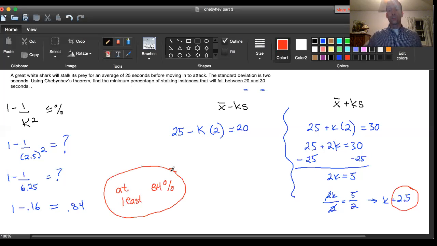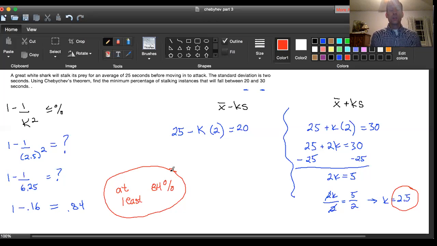Now that we have the answer, consider a follow-up question. If there was a shark stalking its prey, and the stalking instance lasted for only, let's say, 15 seconds, could we say that that shark was extremely hungry or hadn't eaten in days?